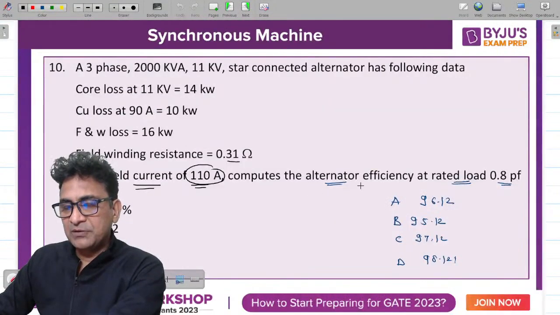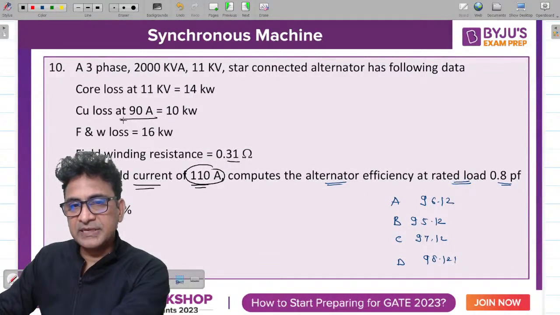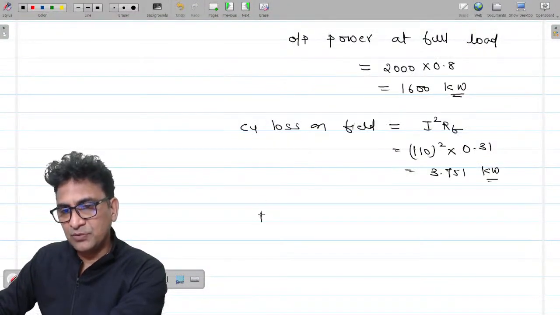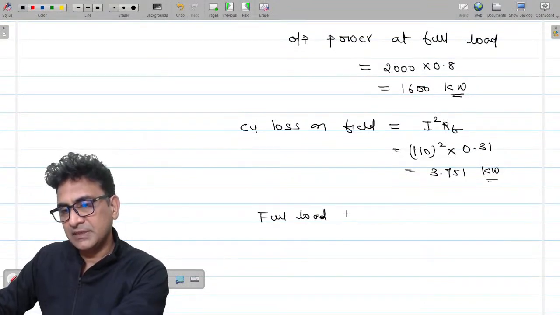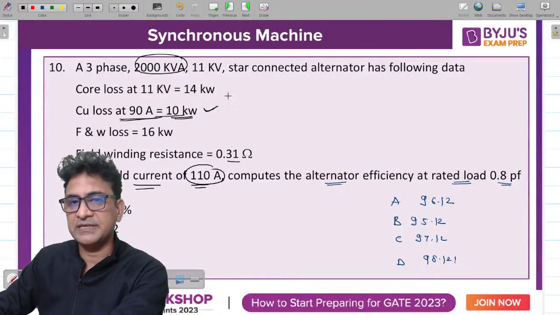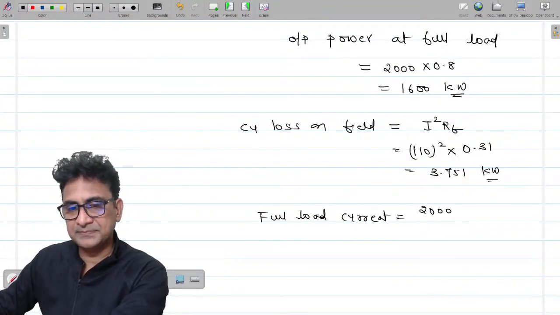Now we have to find out the copper loss in the armature winding. We know the copper loss at 90 ampere current is 10 kilowatt, but we have to find out the copper loss when the full load current is flowing in the armature winding. So first find out the value of full load current. Full load current means the current that would flow in the armature winding when the armature is delivering the rated amount of kVA, that is 2000 kVA.